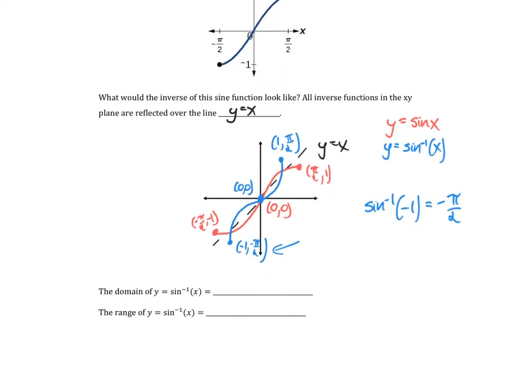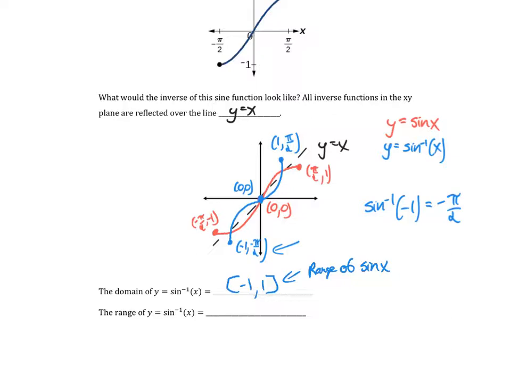So let's wrap this up. The domain of inverse sine of x, look at the domain of the graph. We go from negative 1 to 1. Again, that is also the range of sine of x.